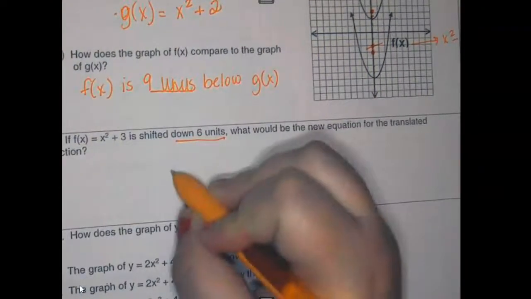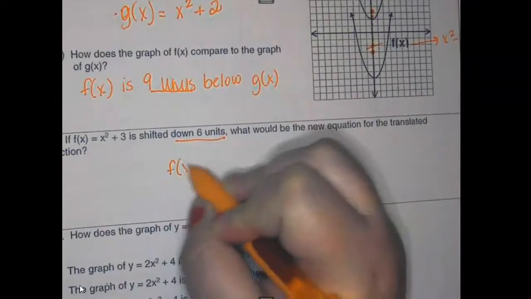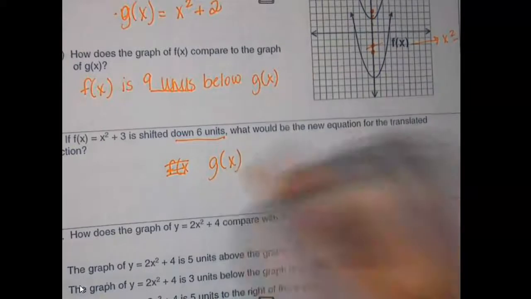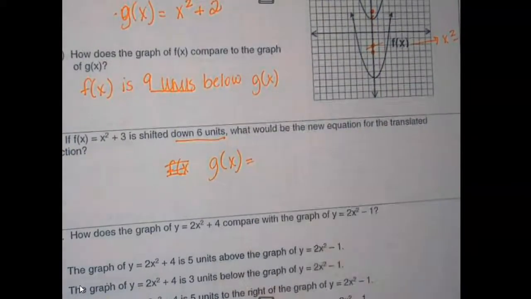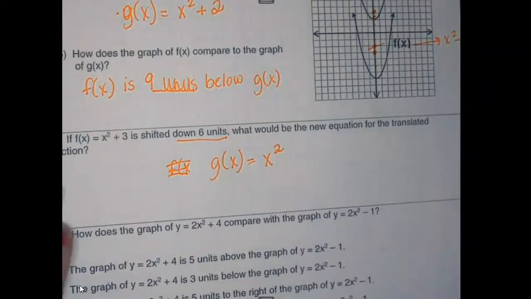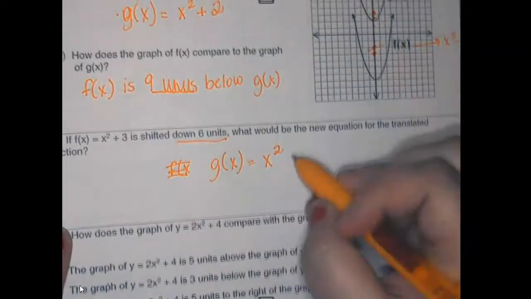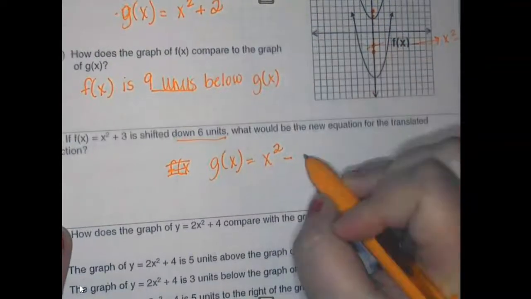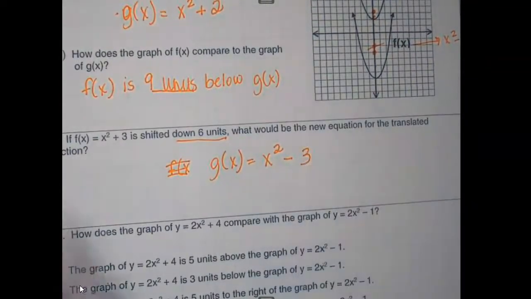So my graph was f of x. Well, we're going to change it to g of x because it's a new graph. It didn't compress. It didn't stretch. It didn't reflect. So my x squared gets to stay the same. But it did go down 6, but I'm not going to put minus 6 because it went down 6 from that positive 3. So it is now a minus 3.